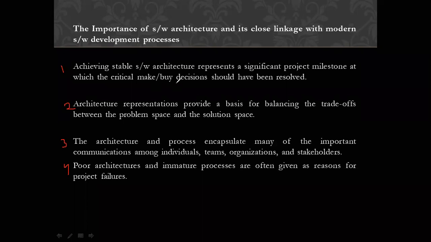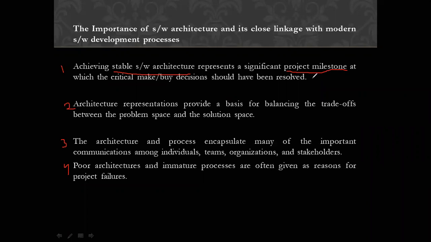First point: achieving stable software architecture represents a significant project milestone at which the critical decisions should have been resolved. So two, three things came up. A stable software architecture can become a key to represent the milestones of the project. Milestones are the points in between where you are releasing what you are developing.